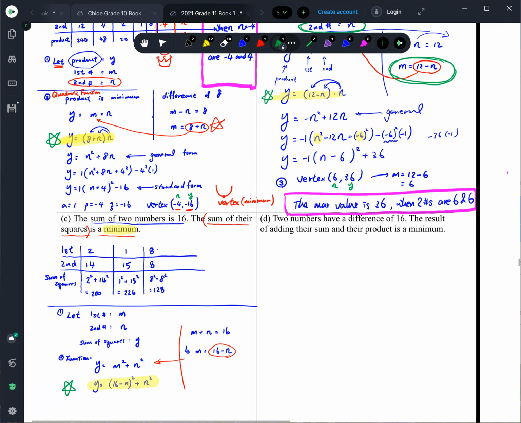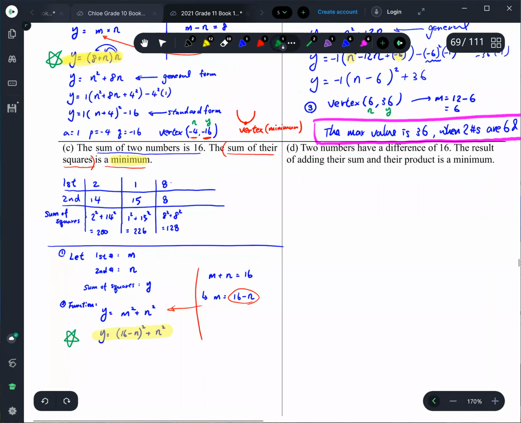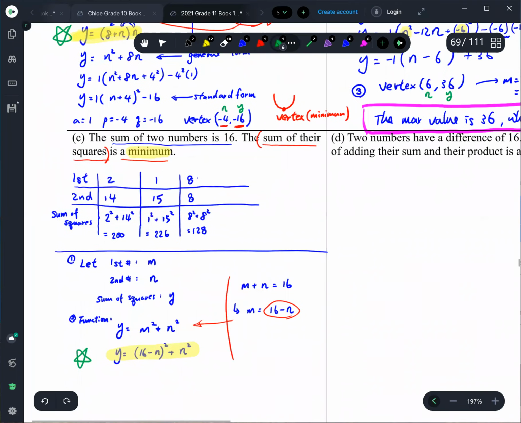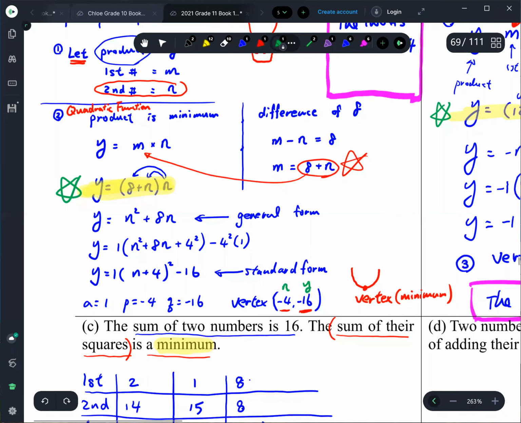Okay, can you raise your hand if you have no question up to here? Okay, am I going too fast? It's okay. All right, so after that, if you look at before, once you got a function, you turn it into general form, right?